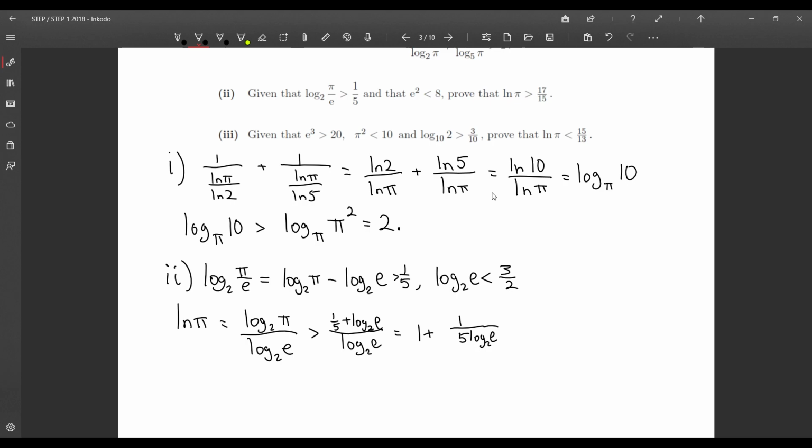And then that is going to be bigger than, we can replace this by 3/2, and you get 2 over 15, and that's going to equal 17 over 15.